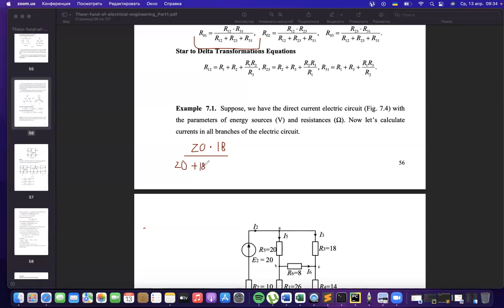It will be the first resistor. The second resistor will be 18 multiplied by 8 and divided by the same bottom part of the ratio, 26 plus 20, 46. And the last one will be 8 multiplied by 20 and divided by the same 46.